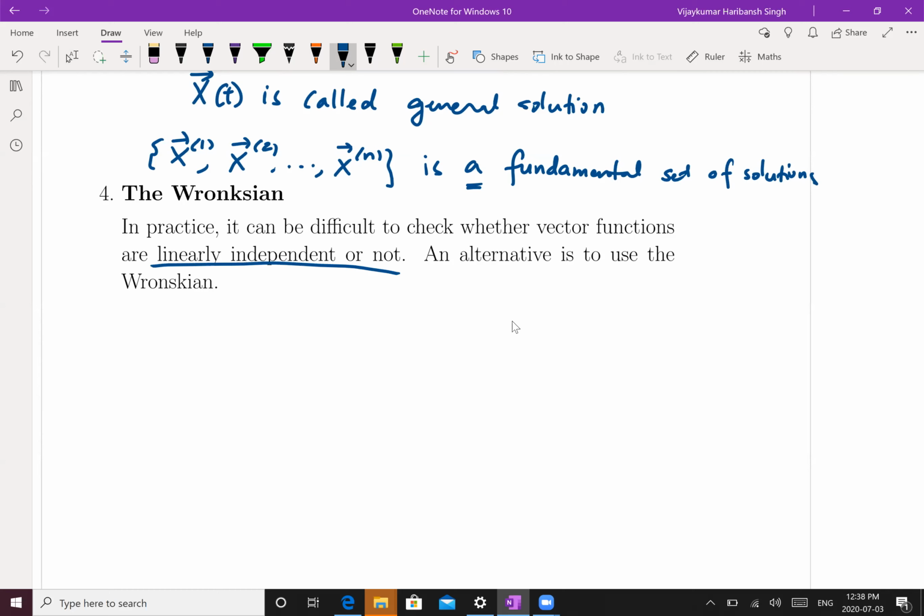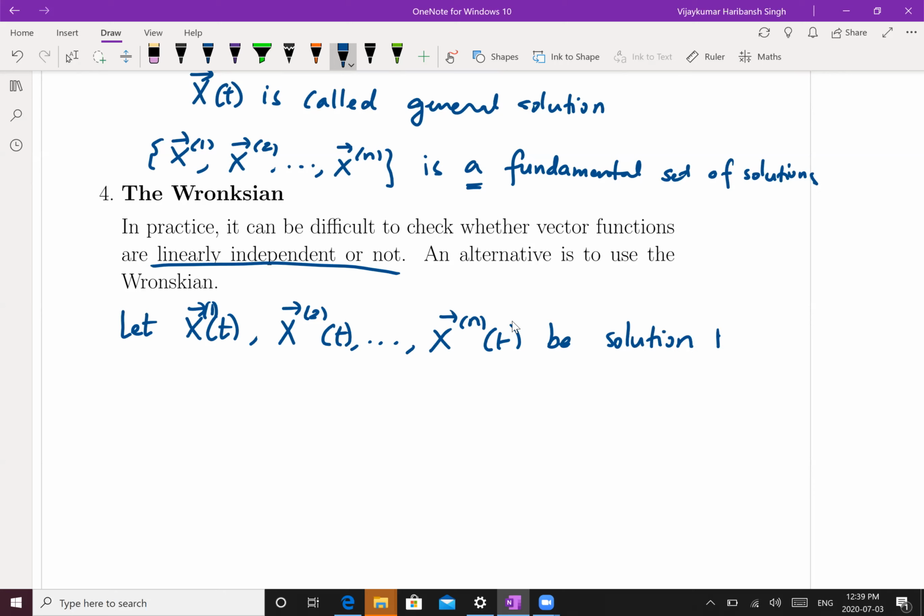So again, let x1(t), ..., xn(t) be solutions to x prime equals P(t)x.